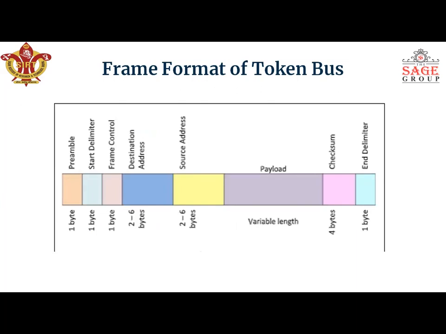So in today's lecture, we will discuss token bus and why we need to understand it, or why the token bus was implemented, because we do not want our data packets to collide at any point of time. Meaning if two or more stations try to occupy the channel at the same time or try to send data at the same time, there may be a chance that a particular station sends data and another station also sends data.